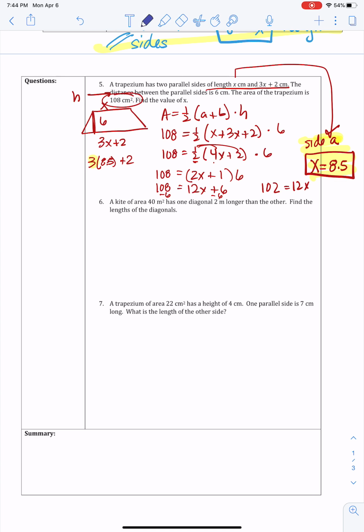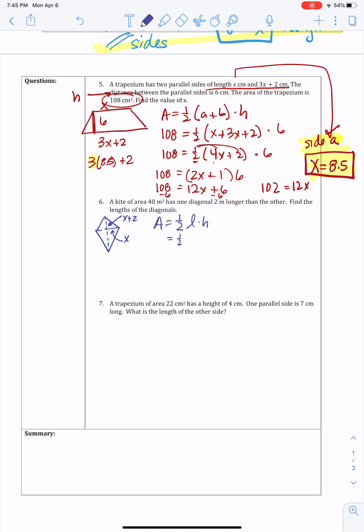All right, now we have a kite of area 40 meters that has one diagonal 2 meters longer than the other. So it's a kite. This side is x plus 2, and this side is x. So the area is half the length times the height.